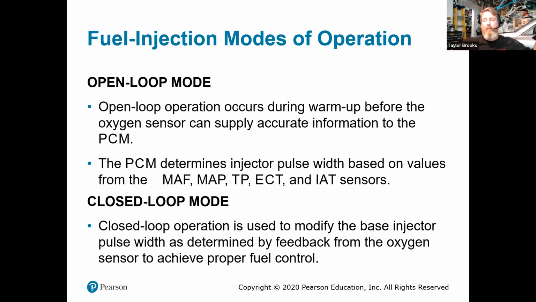This is the mode the engine operates in when we are below operating temperature, and operating temperature can be different on every manufacturer. The minimum I've seen is 140 degrees, but we can see it upwards of 190, 195 degrees.